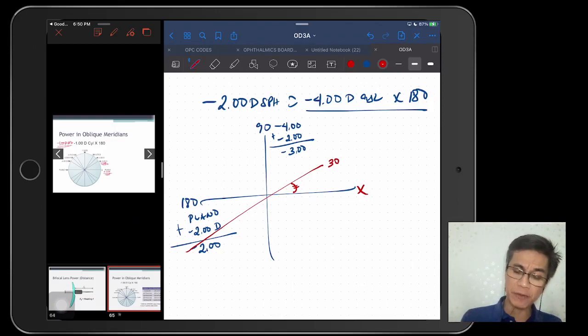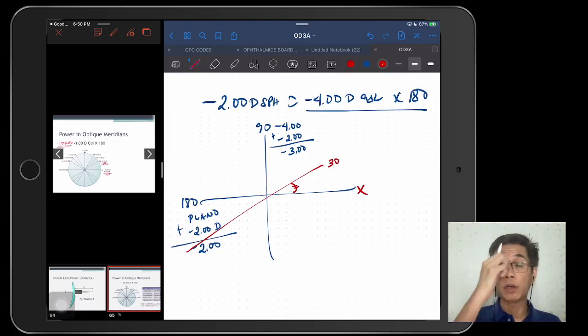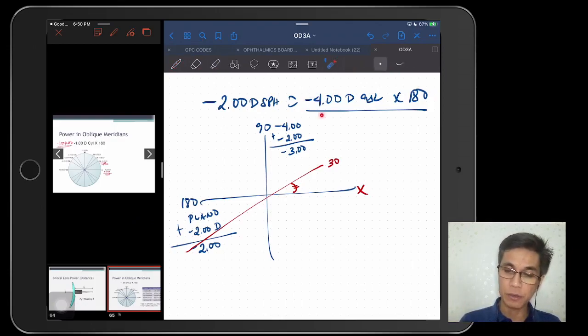So, 30 degrees from the axis, tumatanggap yan ng 25% or 1/4 of the cylinder power. So, ano ba ang cylinder power natin dito? Minus 4. Ano ang 1/4 of minus 4? Minus 1. So, meron tayong ibabahagi na minus 1 sa may 30th meridian.